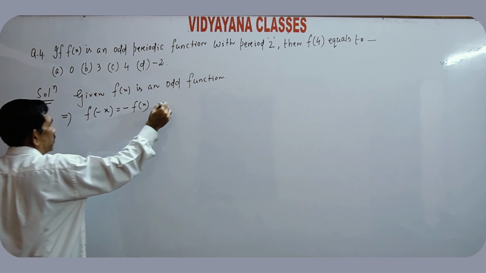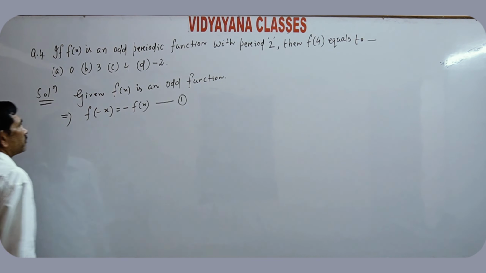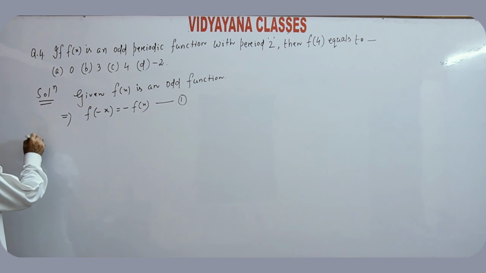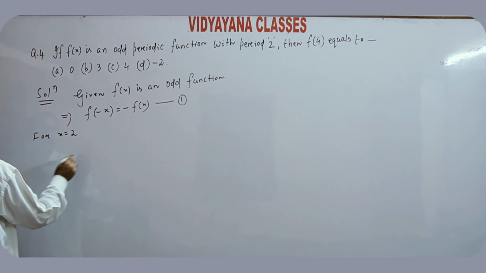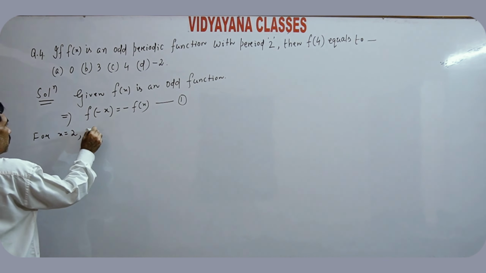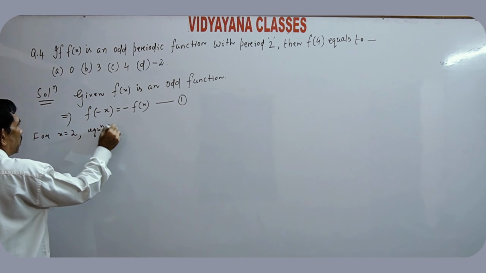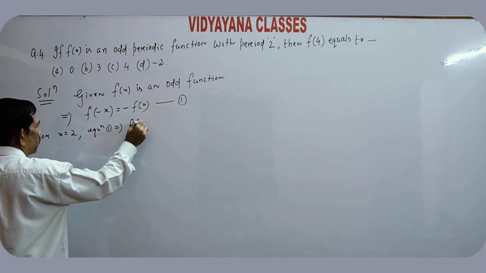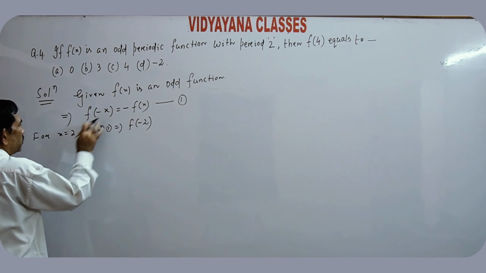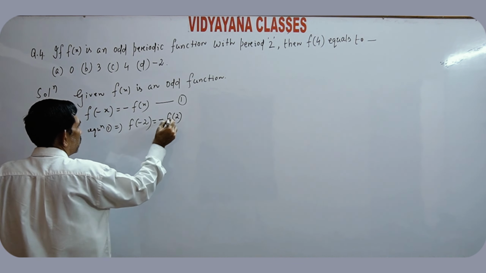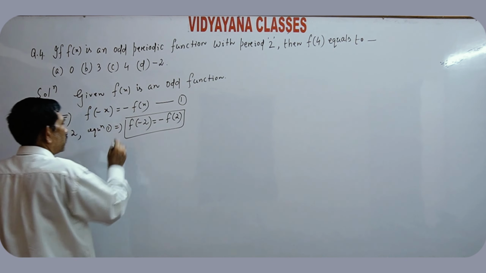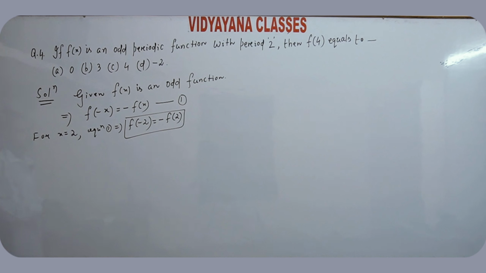It is equation 1. For x equal to 2, equation 1 implies f(minus 2) is equal to minus f(2).